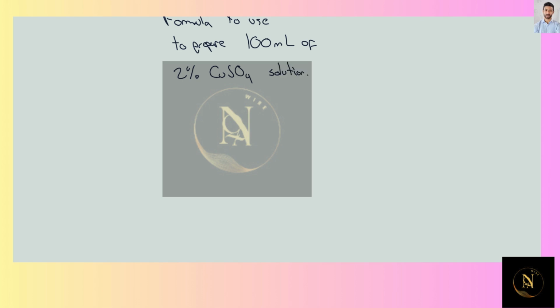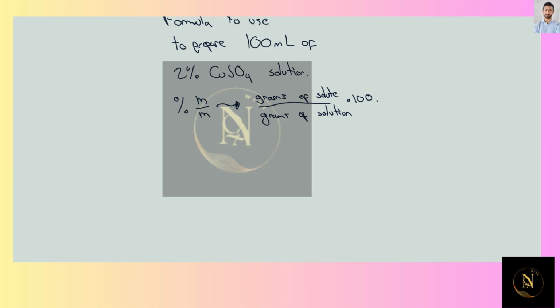So in this case, I'm going to assume that the 2% refers to percent by mass, so percent mass over mass. And remember that the definition for this is going to be equal to grams of solute divided by grams of solution multiplied by 100.